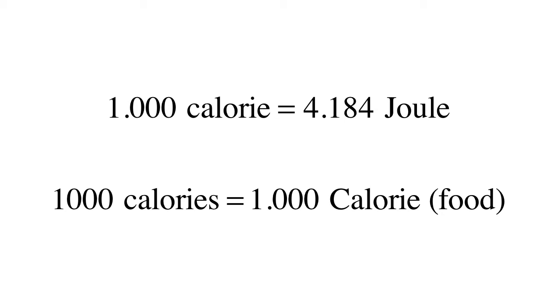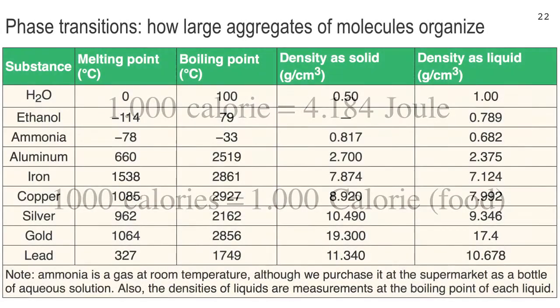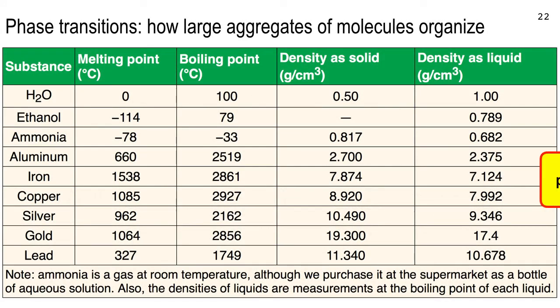Now, I have a table here. Don't worry about memorizing it, but do look at it. It's just a copy from page 96 of your e-text. On here I've got melting points, boiling points, and density as a solid and as a liquid. By the way, there's a typo.